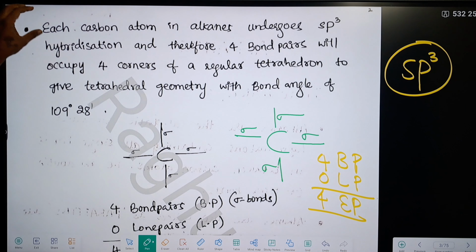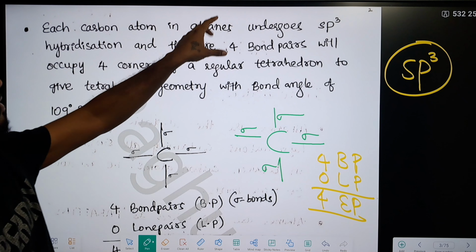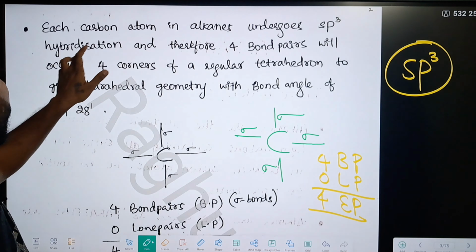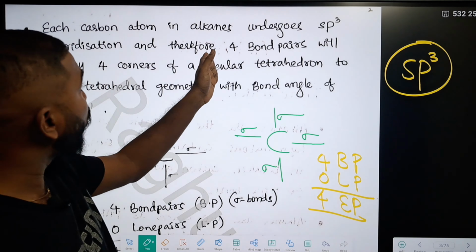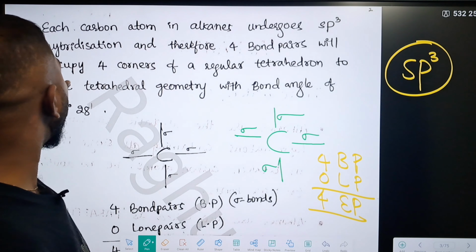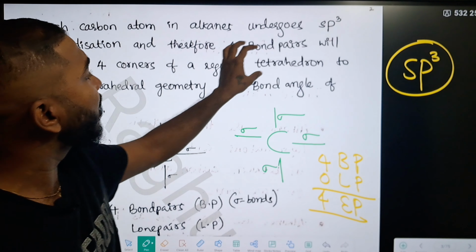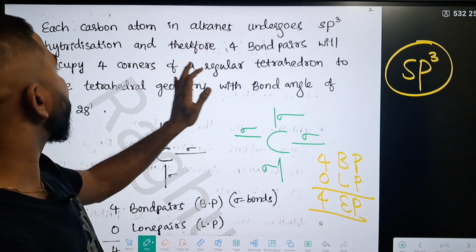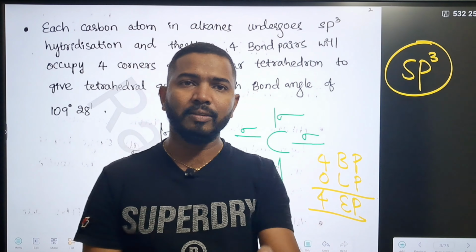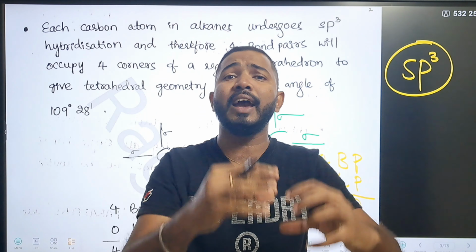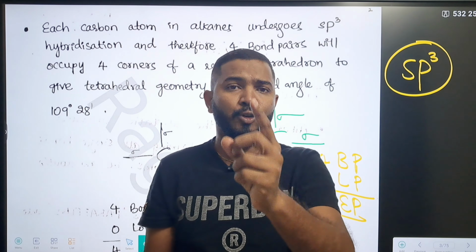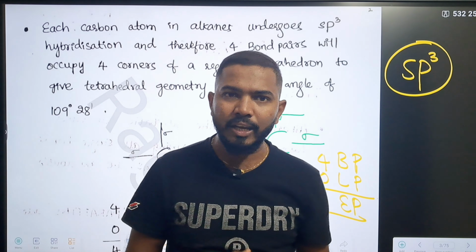Now coming to this point, each carbon atom in alkanes undergoes sp3 hybridization, and therefore 4 bond pairs will occupy 4 corners of a regular tetrahedron to give a tetrahedral geometry. Yes, in alkanes, sp3 hybridized carbon is going to show tetrahedral geometry.